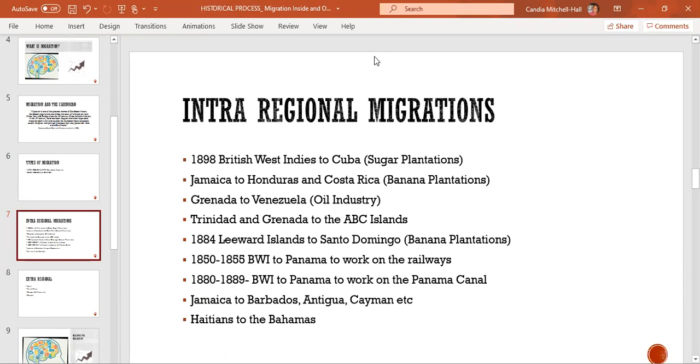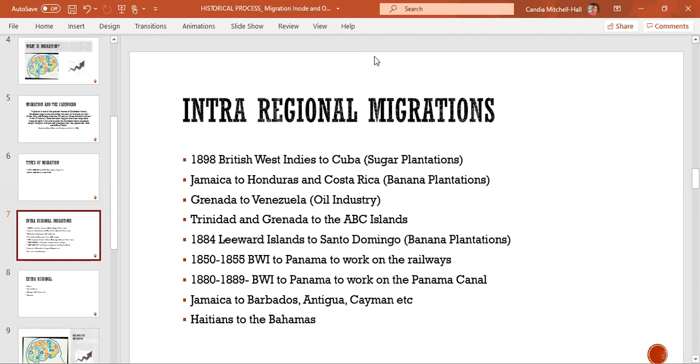And so they would have imported workers from Jamaica and other British Caribbean countries to go to Cuba to work on sugar estates. Quite a lot of Jamaicans went to Honduras and Costa Rica to work on banana plantations. In fact, most of the bananas that you see in North America and Europe actually come from Honduras and Costa Rica.